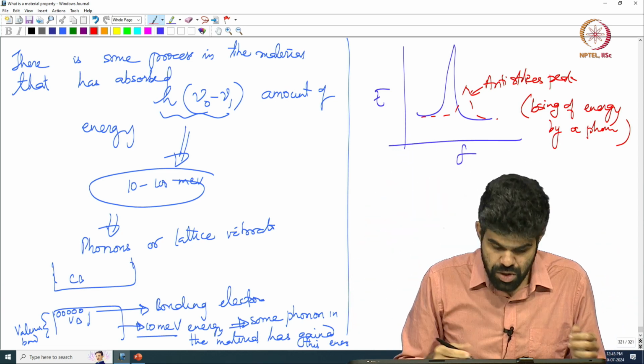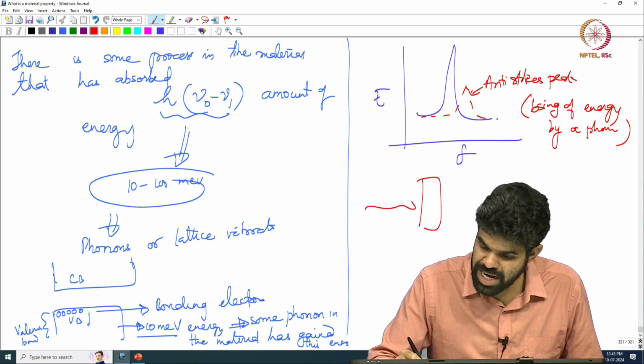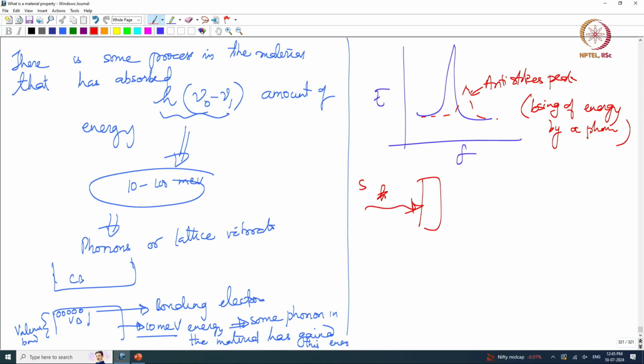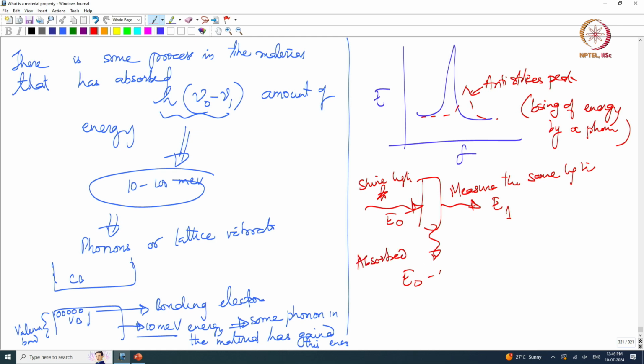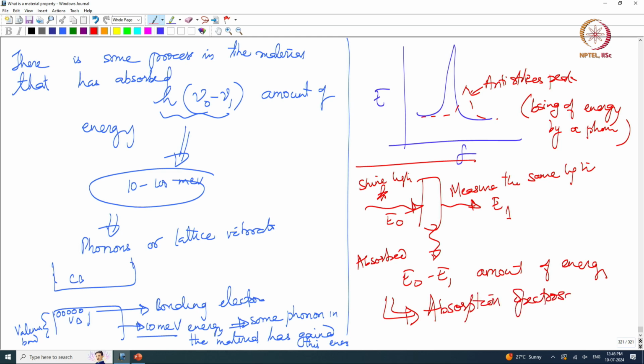Such a spectroscopic technique where I shine light of energy E naught and then I measure the same light, of energy E1, and then I say that my material has absorbed E naught minus E1 amount of energy, is what is called absorption spectroscopy, where I shine light and I measure the same light that comes out.